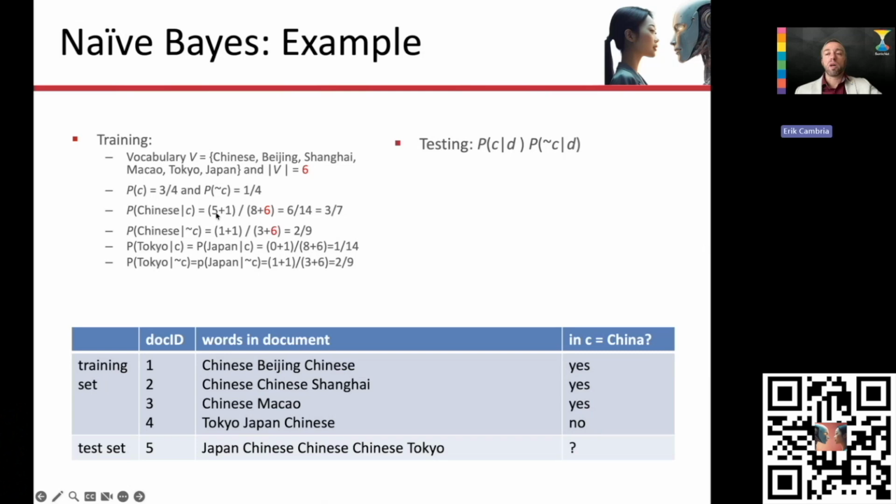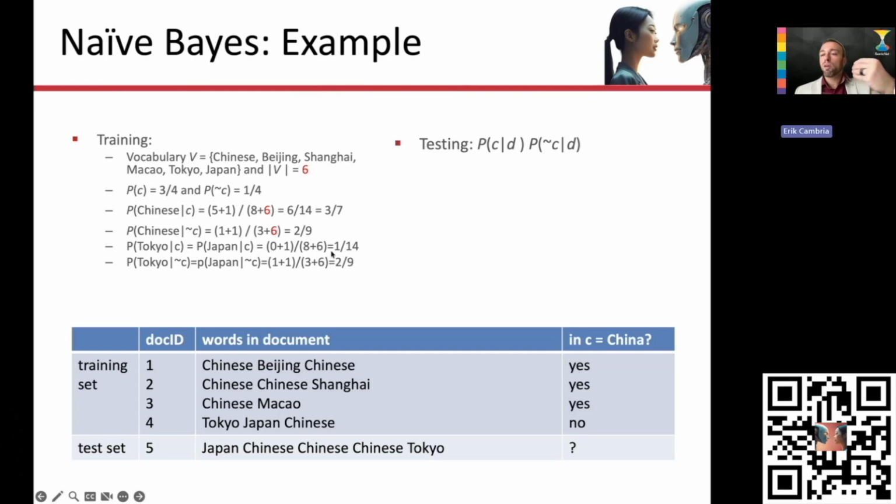And then, as I mentioned earlier, I do +1 and plus K, which is the total number of words in my vocabulary. So I calculate this as 3/7, and then I have to do the same for the probability of the word Chinese not belonging to class C. In this case, it only appears once, divided by 3, because I have 3 words in this only document that doesn't belong to class C. And this is how I calculate my probability.